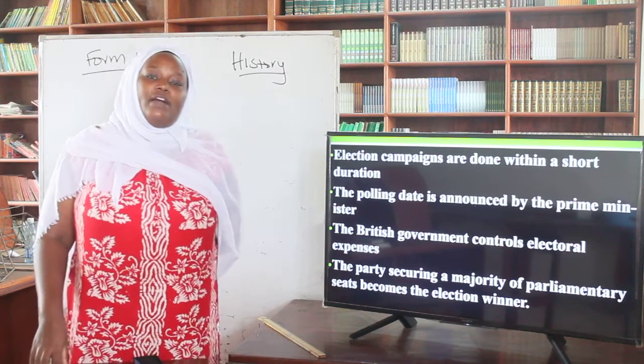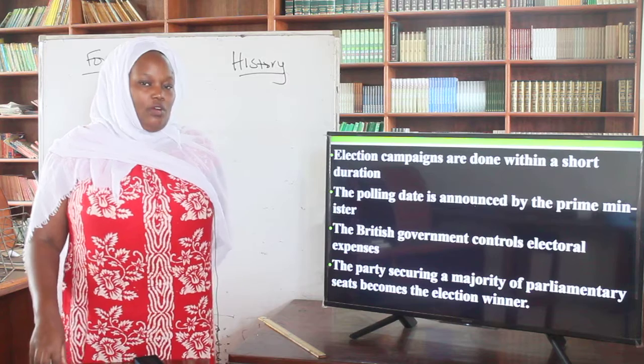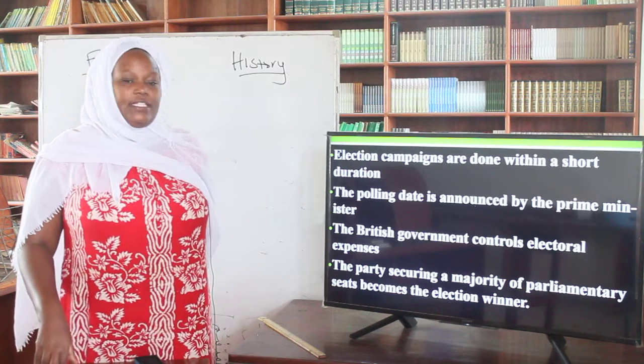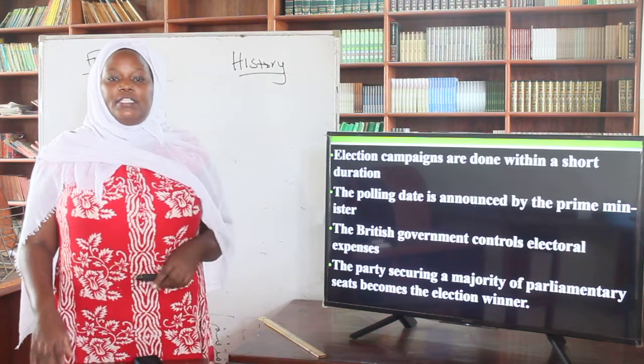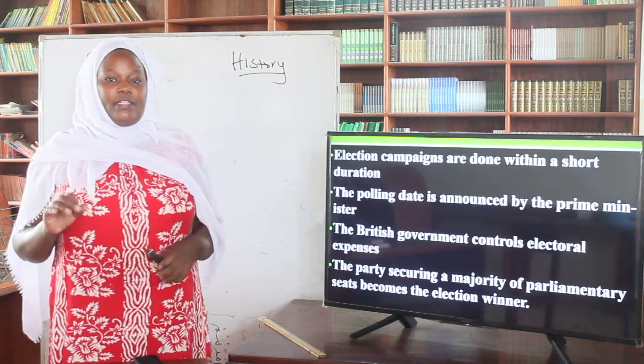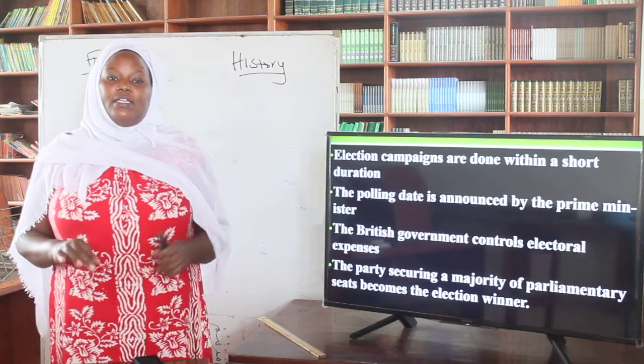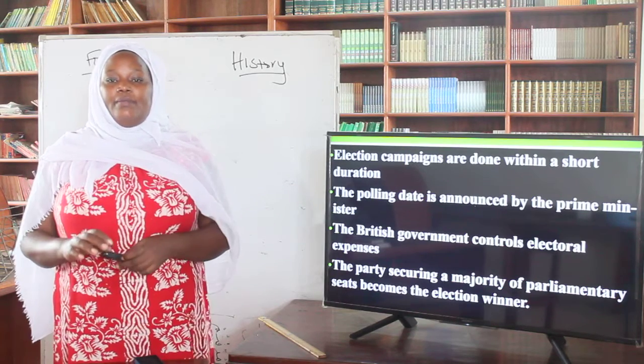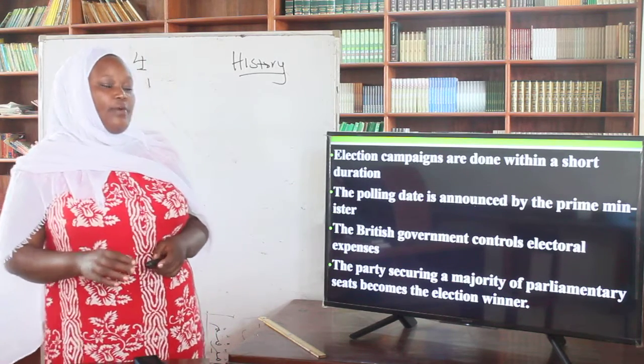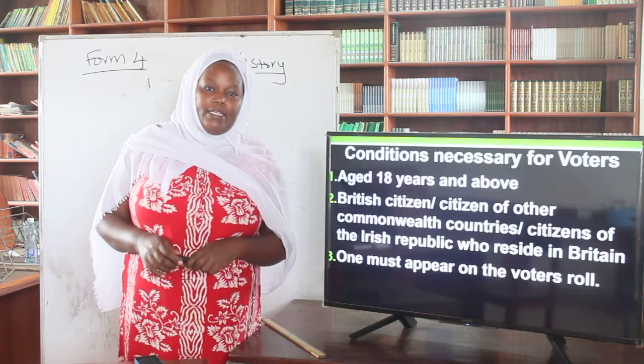Then the British government controls the electoral expenses, as I've already said, and the party securing the majority of parliamentary seats normally becomes the election winner, and they are the ones who produce the Prime Minister.